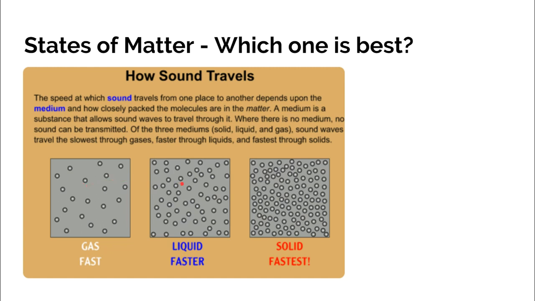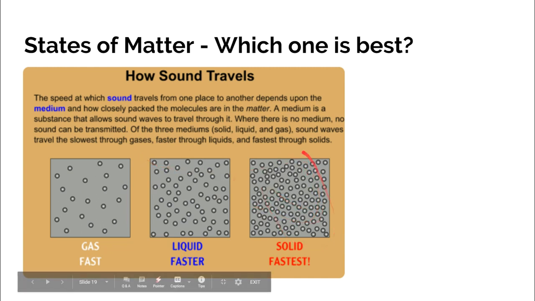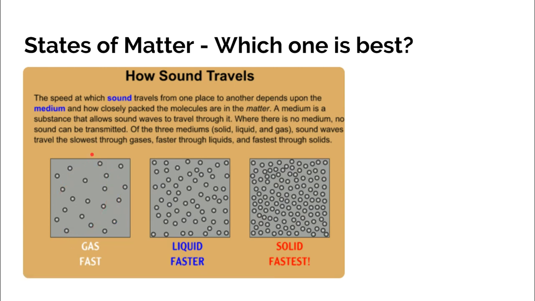It can go through gas, it can go through liquid, it can go through solid. But it turns out that solids are the best conductors for sound. And gases, while they do make sound waves travel, are kind of the worst medium for sound.